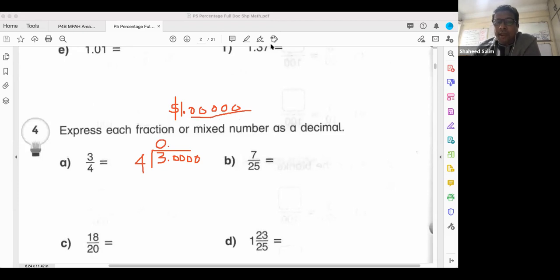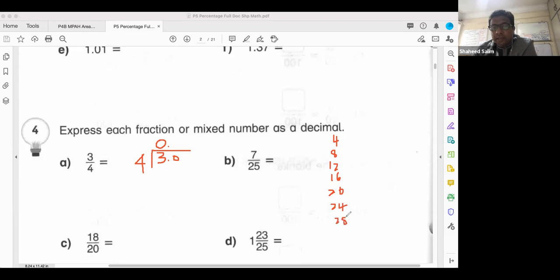Some people do not want to add that many zeros. So never mind, let's say we add one 0 first. So what number? 30. Imagine there's no dot here, okay? What number lesser than 30 can divide by 4? You can write it down. So your 4 timetable. Do you know which number?